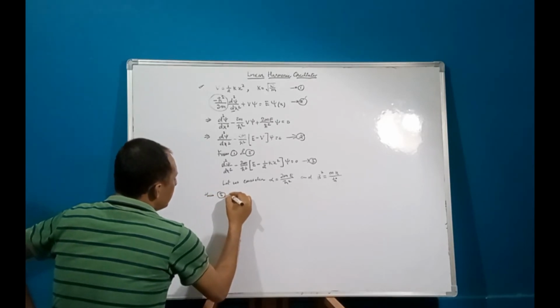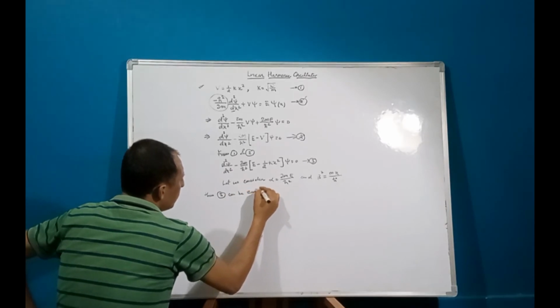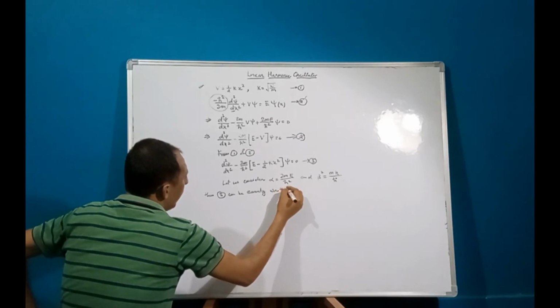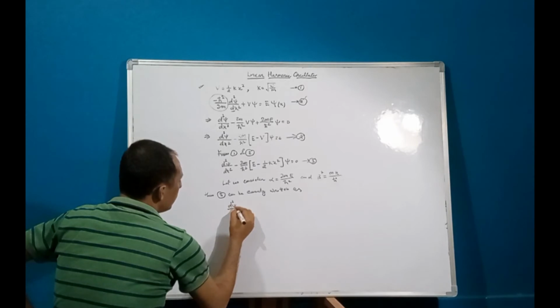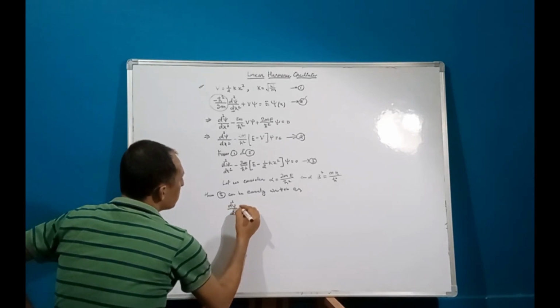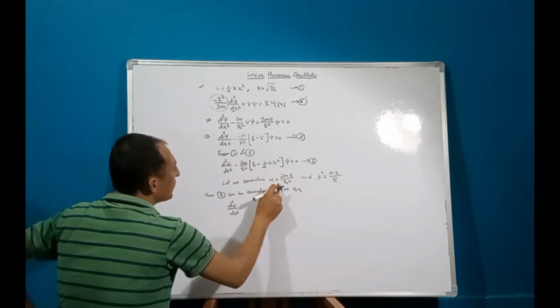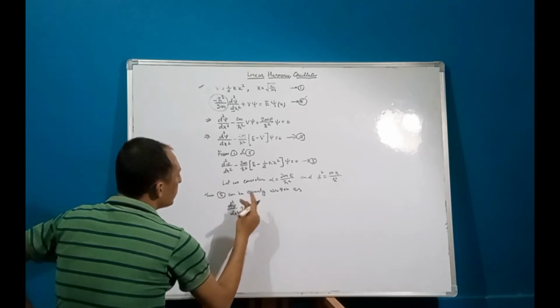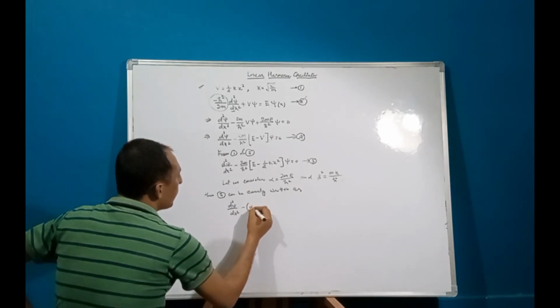3 can be easily written as d2 psi over dx square minus twice m over h cross square, which is considered as alpha, so it will be minus within bracket alpha.